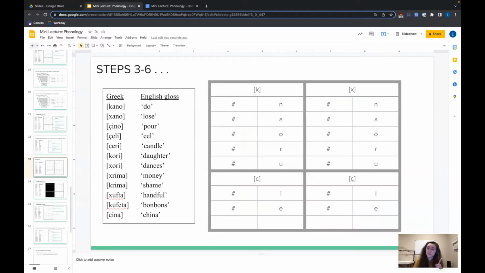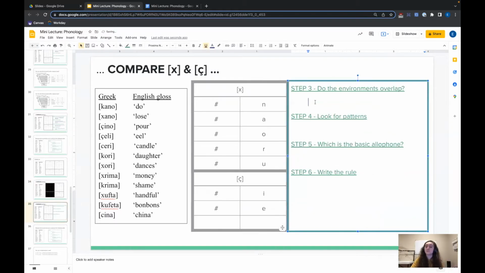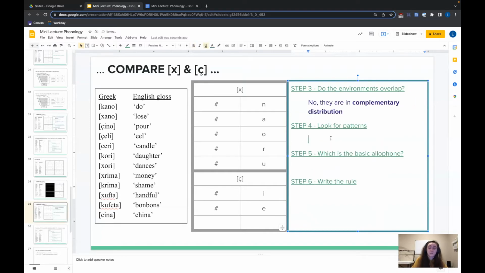So now we have one more set to do, which is the two fricatives, basically. So do the environments overlap? Well, we pretty much have the exact same thing that we did last time, so we could say no. They are in complementary distribution. And then looking for patterns, we have the same pattern that we did last time.